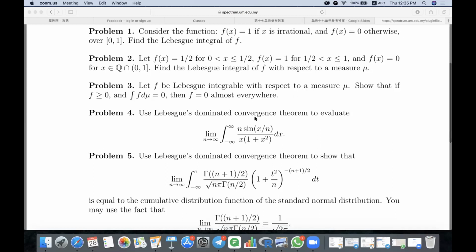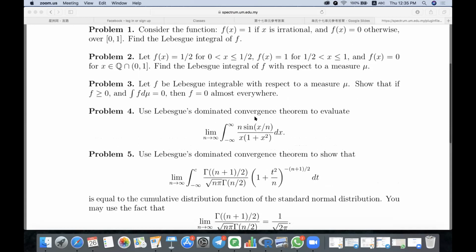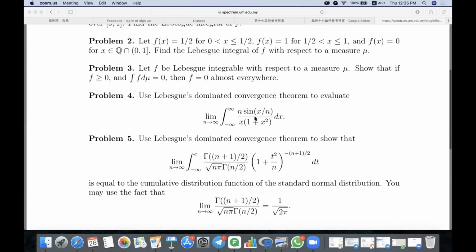We can establish this fact by using the Lebesgue dominated convergence. So anyone wants to try this? There's one part that may be difficult, which I already kind of gave you, because that involves the gamma function. We just need to know that it's equal to some constant.